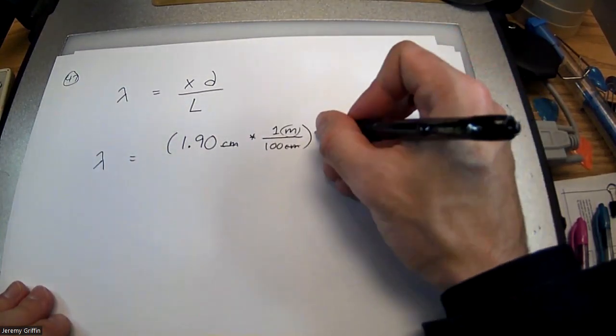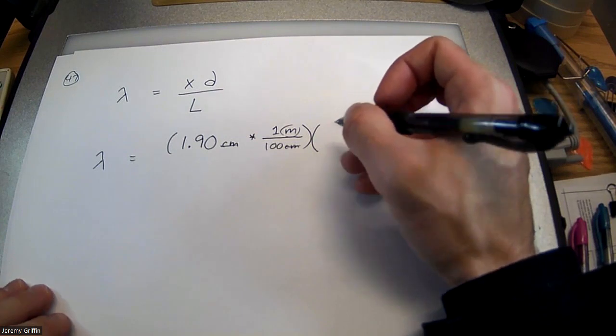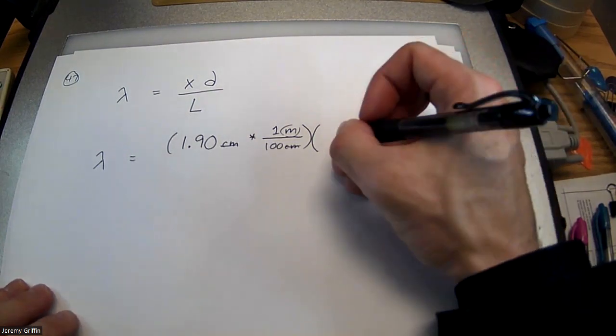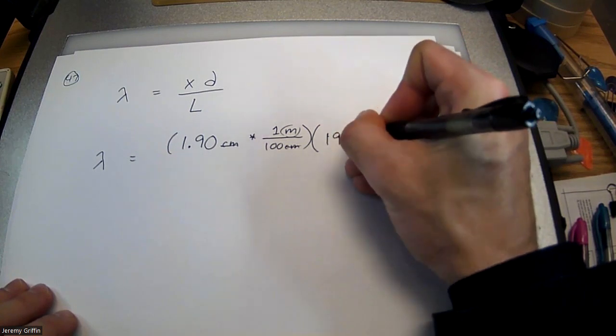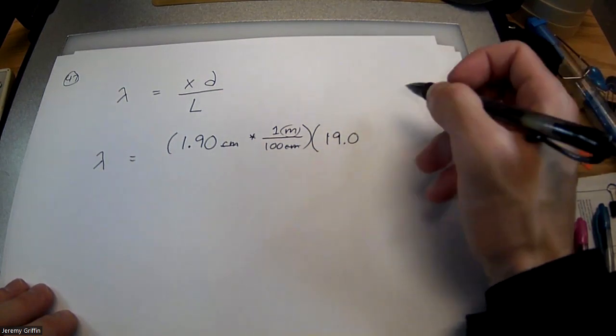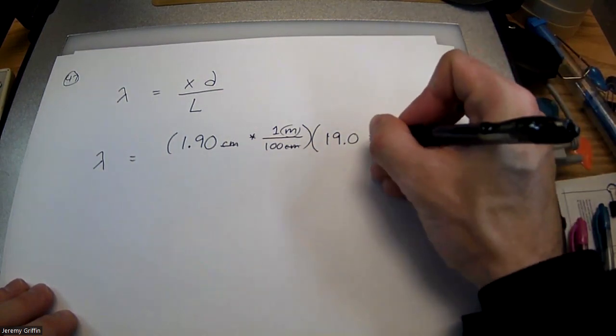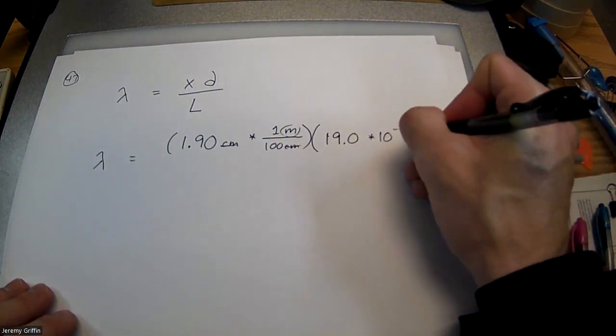Times the distance between the two slits, which is 19 micrometers. I'll do this one in scientific notation. Micro is 1/1,000,000, that's 10 to the minus 6 meters.